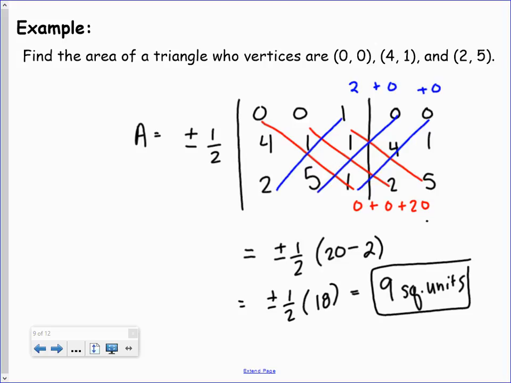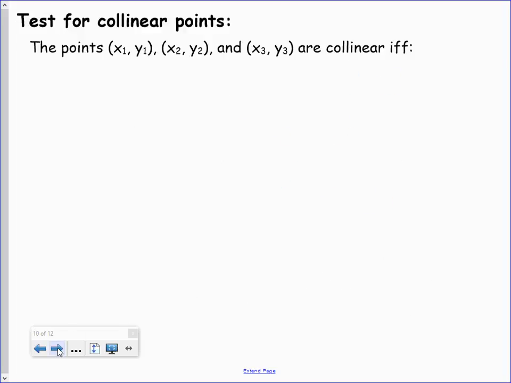Okay, and one final thing that we'll talk about today, another use of a determinant, but you're not going to see this on your homework until tomorrow, is how to determine if points are collinear. Okay. So it looks very similar to the start of finding the area of a triangle, because you get 3 points.